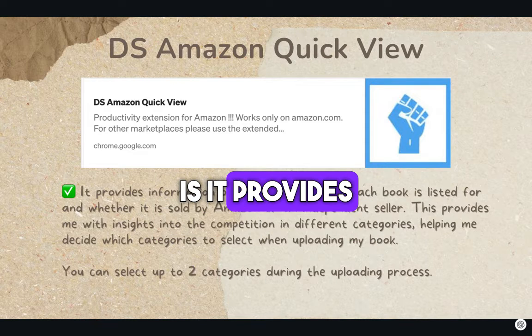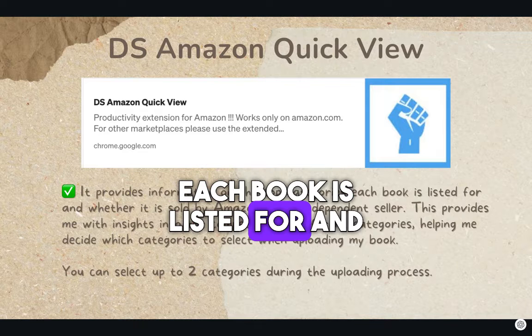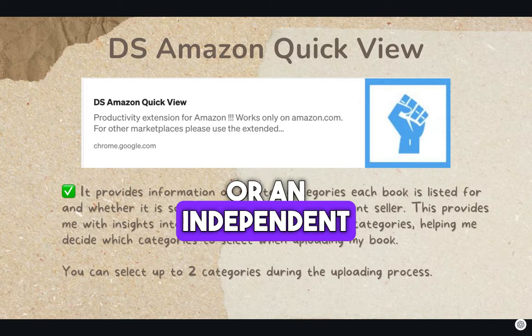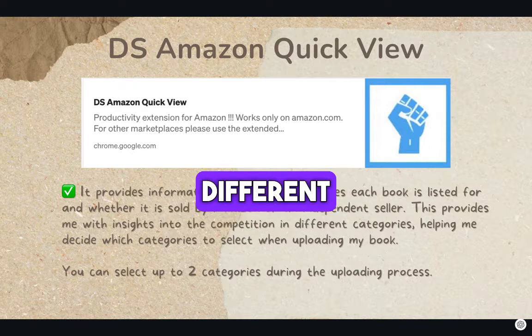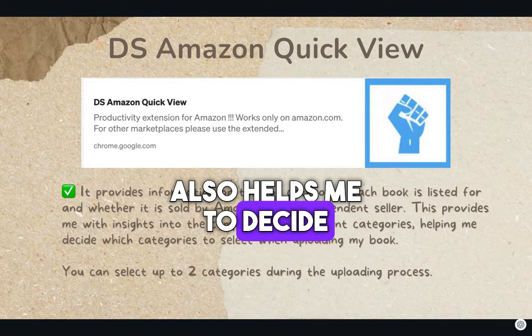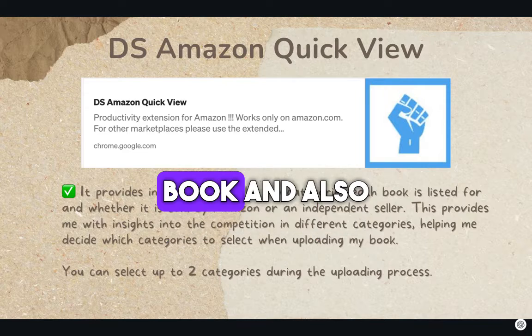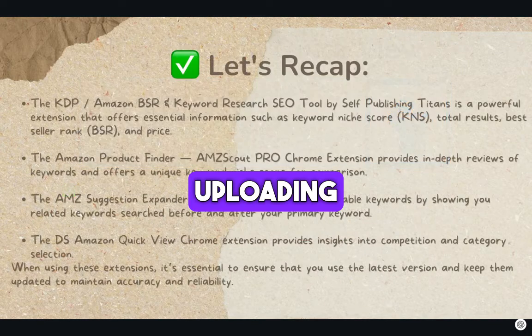What it does is it provides information on the top categories each book is listed for, and also whether or not it is sold by Amazon or an independent seller. This provides me with insight into the competition in different categories and also helps me to decide which categories to select when uploading my book. And you can also select up to 2 categories during the uploading process.